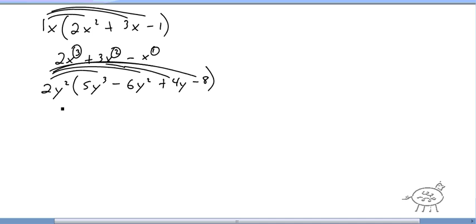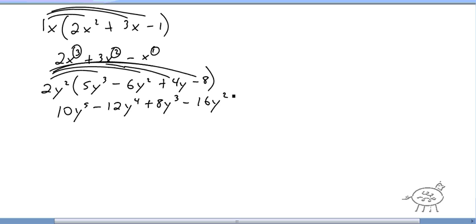So 2 times 5 is 10, y to the 5th, because you add the exponents. 2 times negative 6 is negative 12, y to the 4th. 2 times 4 is plus 8, y squared times y is y cubed. And 2y squared times negative 8 is negative 16y squared. And that's your answer. That's all you do for distributing.